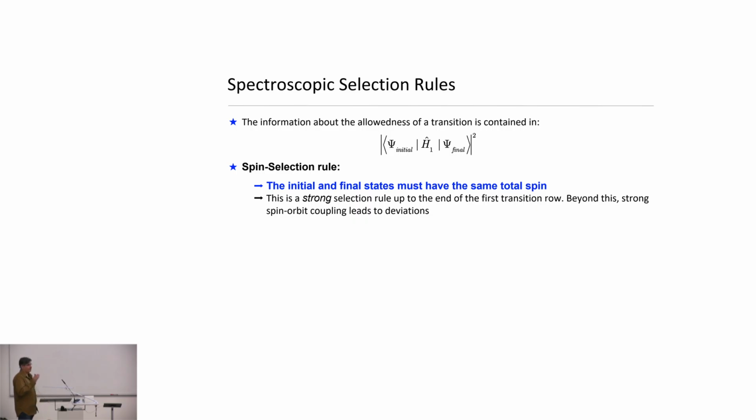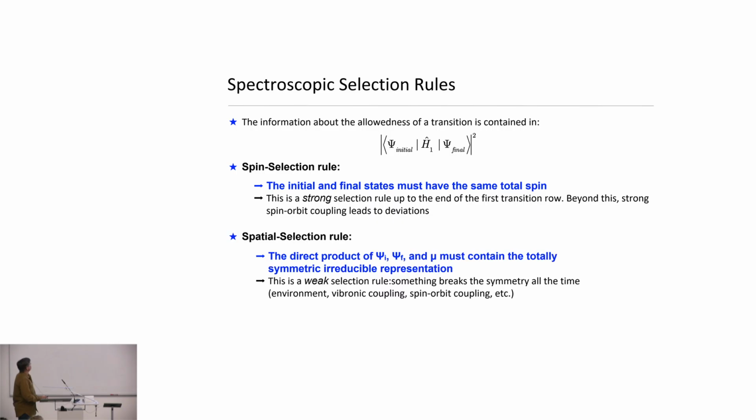And after that, spin-orbit coupling is mixing states of different total spin, and that relaxes this rule. But say for organic molecules, first row transition metal complexes, spin-forbidden transitions have intensities of perhaps 1 per molar and centimeter, whereas allowed transitions are 3, 4, 5, 10 orders of magnitude more intense.